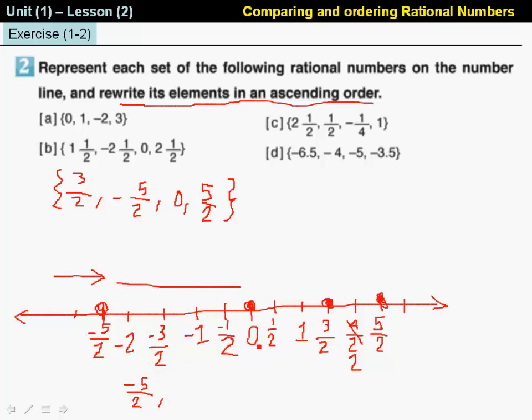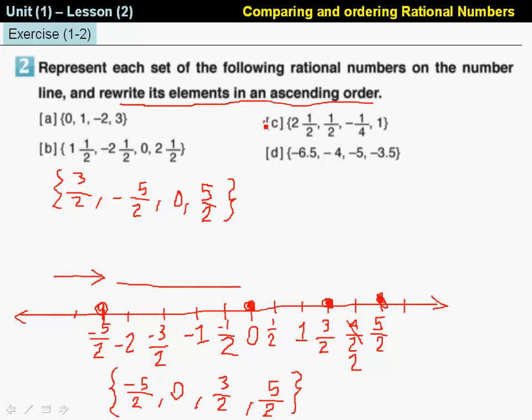Then here is 0 and 3 over 2 and 5 over 2. This is in ascending order. We write the set of rational numbers in ascending order.